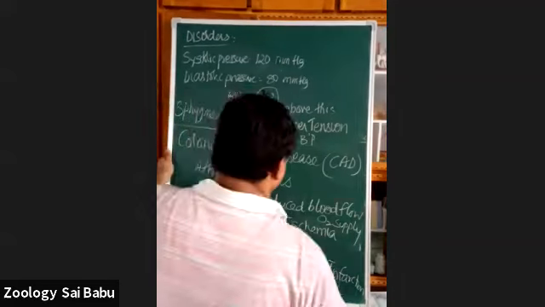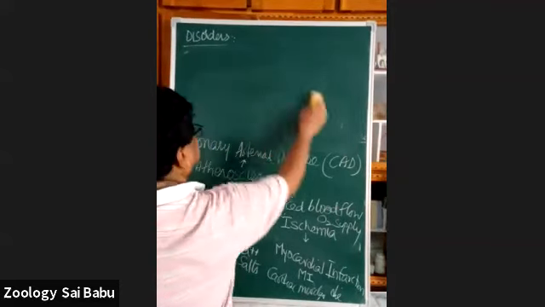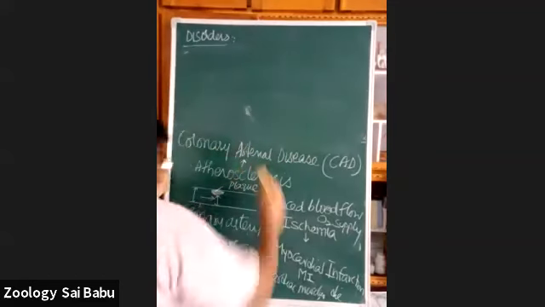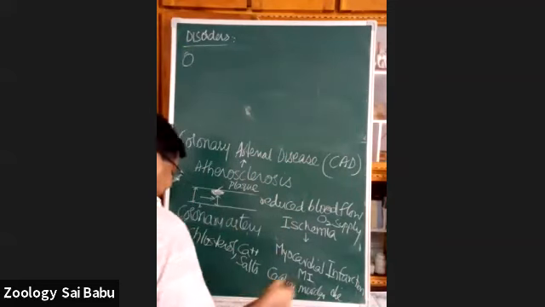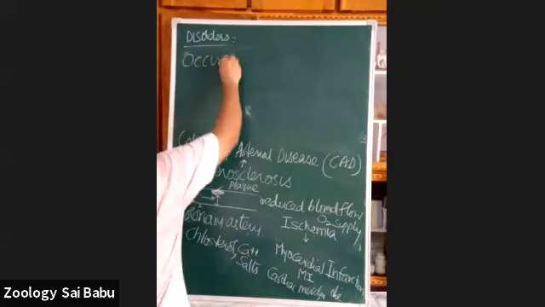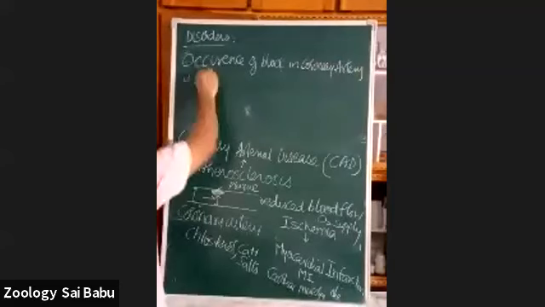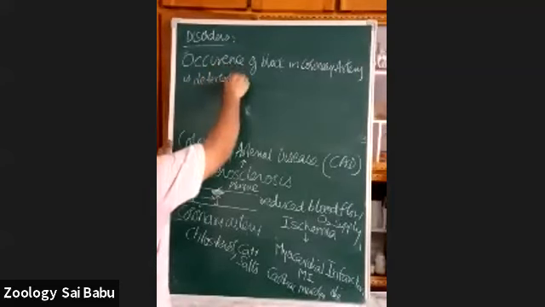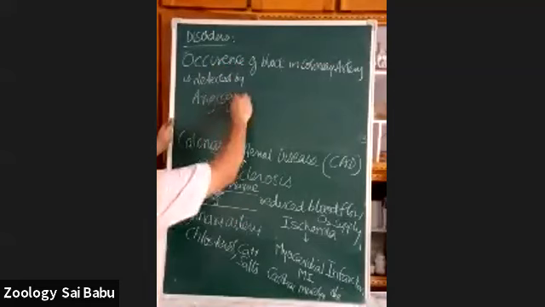Then how is this rectified? The occurrence of blocks in the coronary artery is detected by angiogram, coronary angiogram.